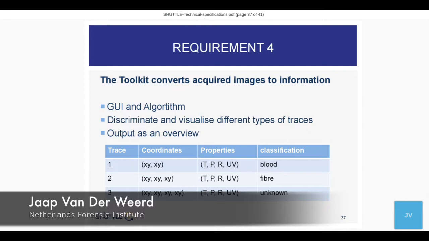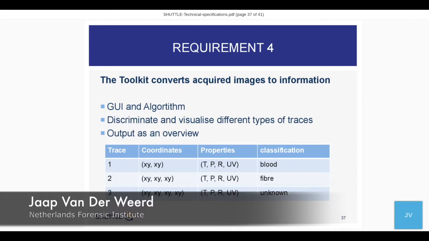So what we would really like is a well-working graphical user interface: open images, browse through images, maybe save images if needed, store things in a database.